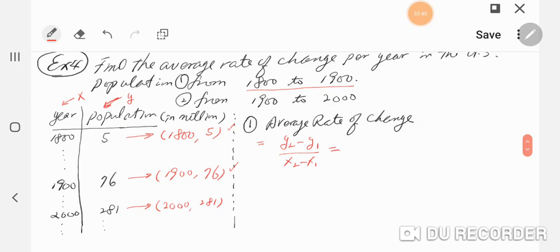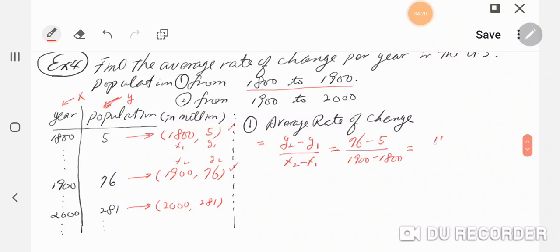Let's say the first point is x1, y1 and the second point is x2, y2. So y2 minus y1, 76 minus 5. That is the change in y, right? Over the change in x, which is 1900 minus 1800.